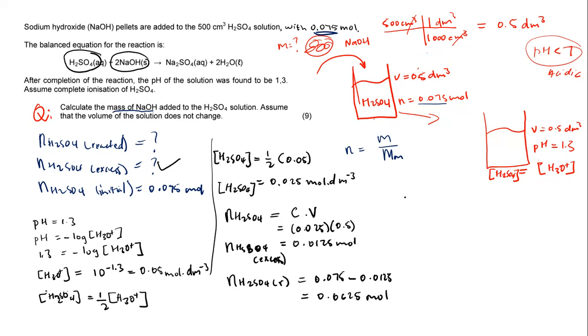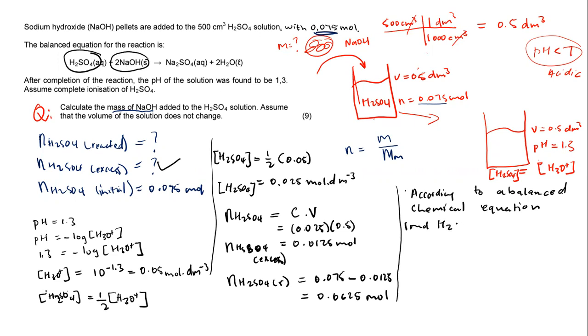According to the balanced chemical equation, we can see that 1 mole of H2SO4 corresponds with 2 moles of NaOH.